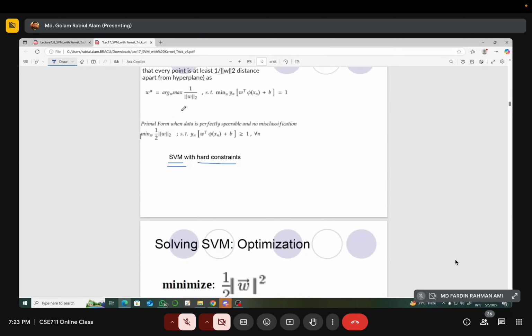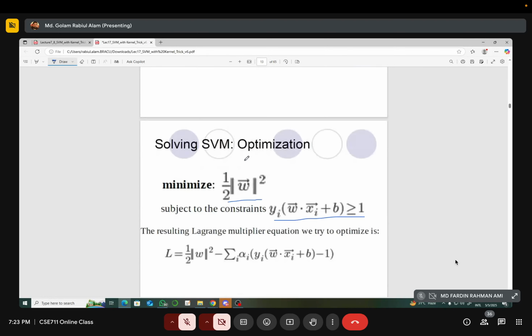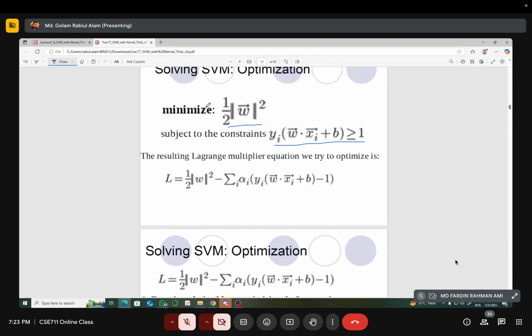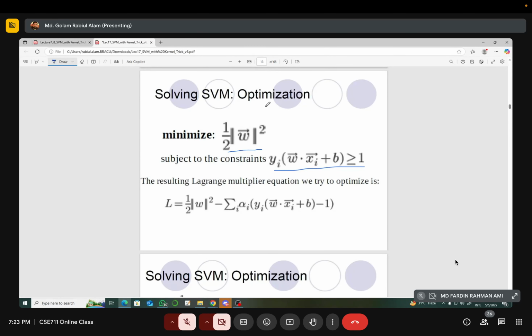And in our last class, we have derived this equation, and then we want to solve this optimization problem. That means we need to find out the optimal value of W and also the B. That's the target here.